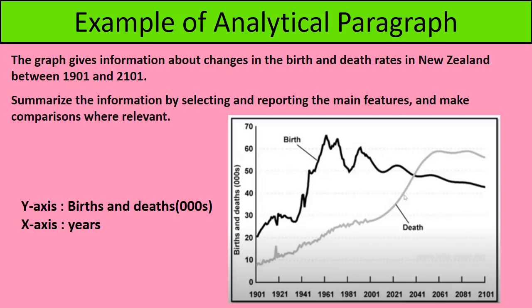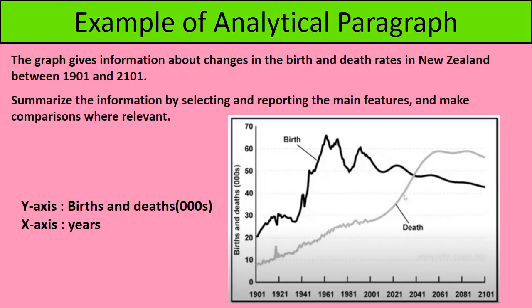And here students, this black line shows the birth rate and this gray line shows the death rate. Now let us study birth rate first. In the graph, we can see from 1901 to 2021, that is the present time, the birth rate is higher than the death rate.